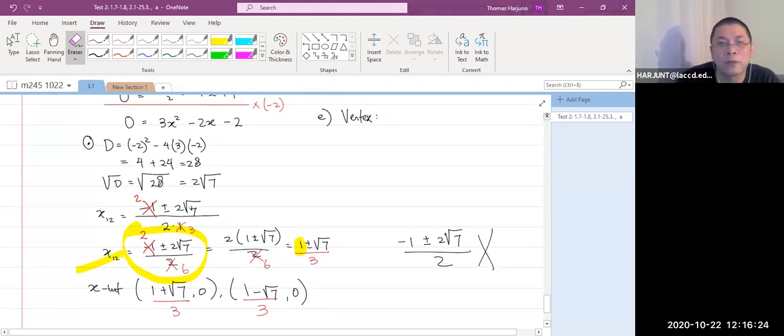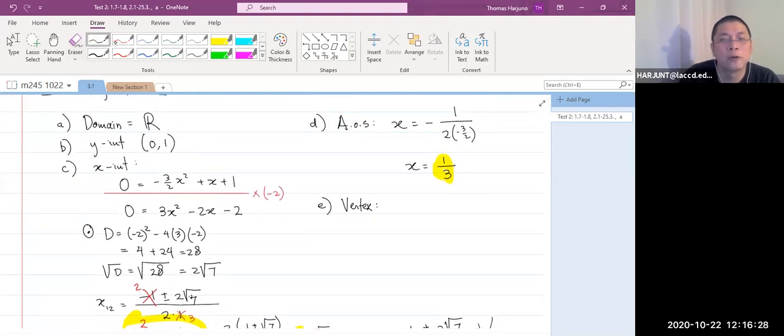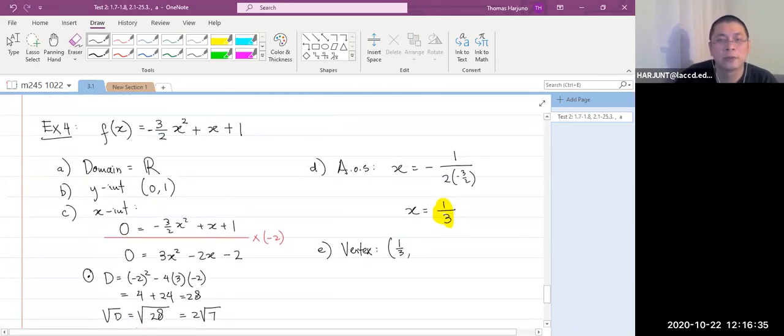Okay, so common factor 2. Then how to find the vertex? Now we already have the x component of the vertex, which is 1/3. Then just plug that into the function. f(1/3) equals negative 3 over 2 times (1/3) squared plus 1/3 plus 1. Negative 3 halves times 1/9 plus 1/3 plus 1.